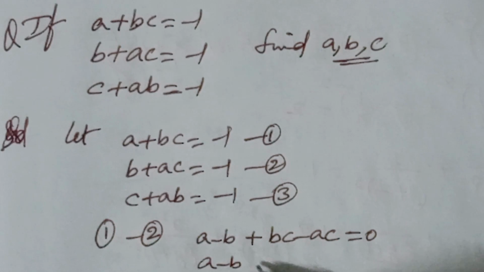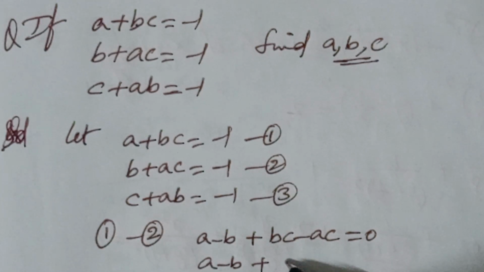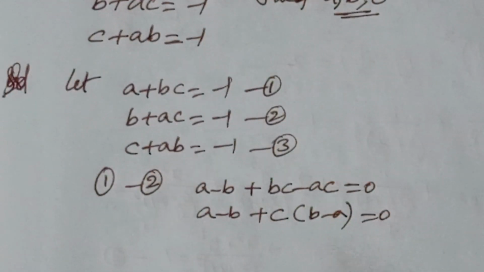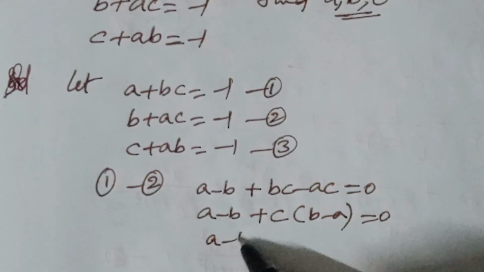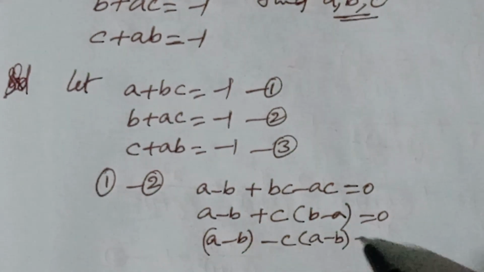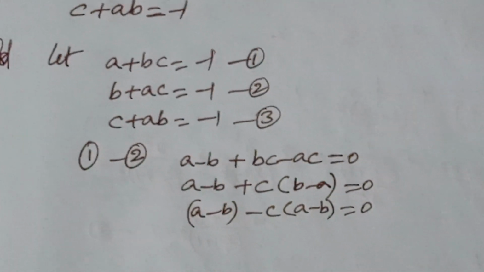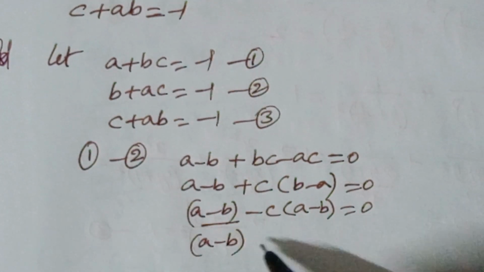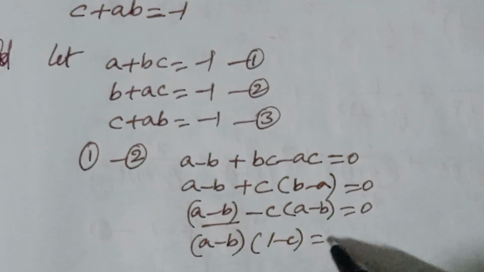So here, a minus b plus, you can write c common, b minus a equal to 0. So you can write it as a minus b minus c into a minus b equal to 0. This can be written as a minus b common, 1 minus c equal to 0.